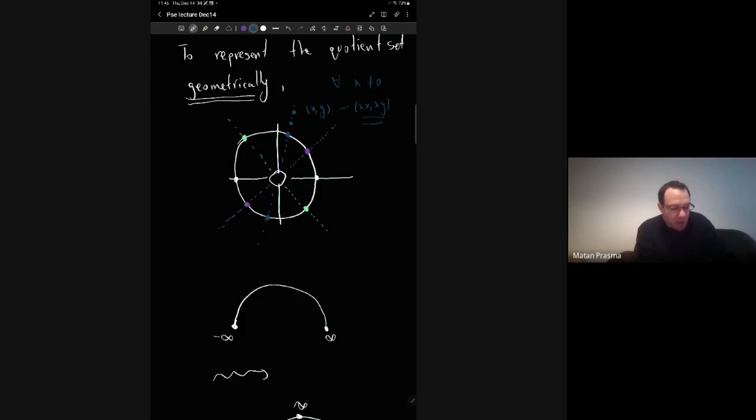So now, just like we did before with equivalence classes, on the formal level, the quotient set is simply the set of all equivalence classes.